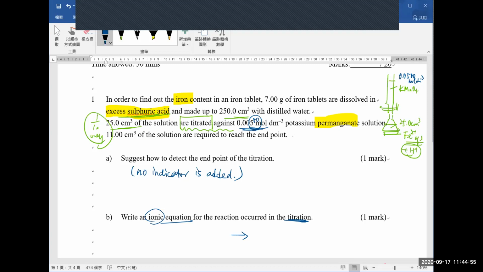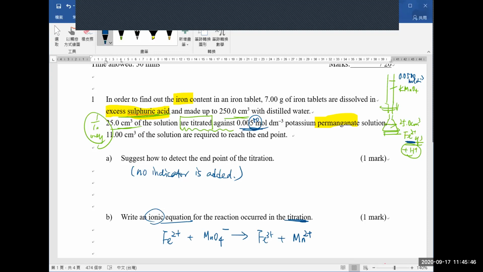What are the two ions on the left-hand side? Anyone who wants to have a try? Okay, great. Alan, you have made a very good study. You have got iron 2 on here, and KMnO4, of course, is permanganate ion, to form iron 3 and Mn2+. We are now proceeding to balance the redox reaction.